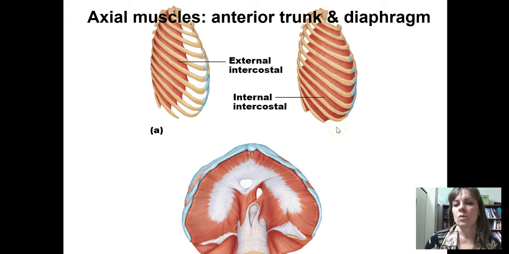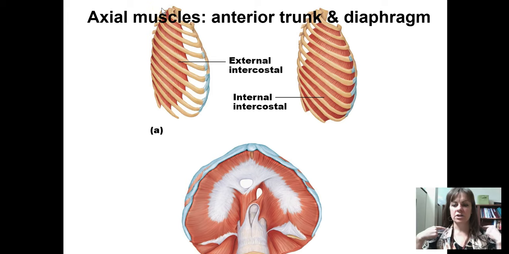What you're seeing is that these fibers start close in up here, and then they move out that way. So if we were to take our fingers and trace that from top to bottom, our hands do not make an X. Now let me show you the difference between that and what we have with the external intercostals.